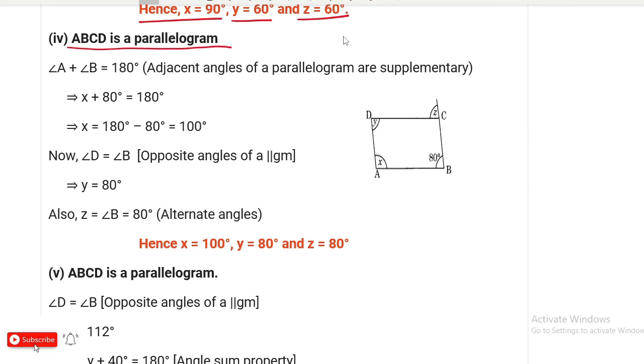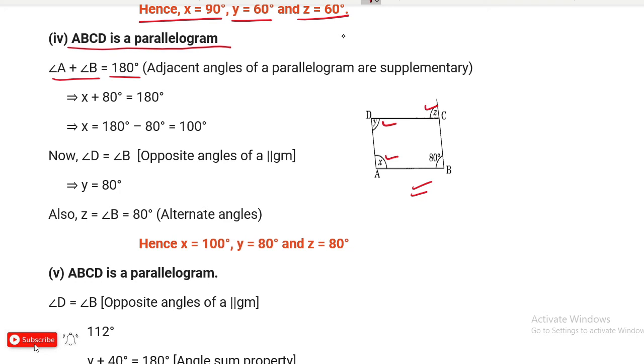Now the fourth question. ABCD is a parallelogram. Now this figure is a parallelogram, and we have to find out the values of x, y, and z. Now angle A plus B is equal to 180. Why? Because these are adjacent angles.